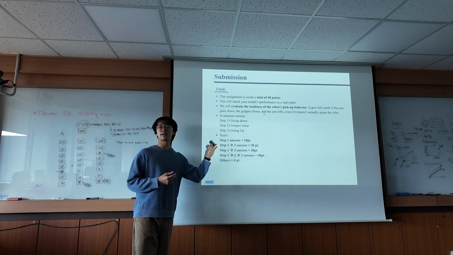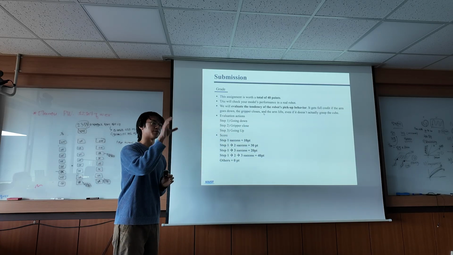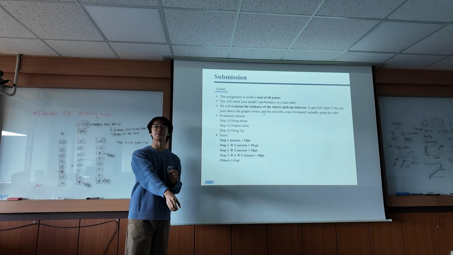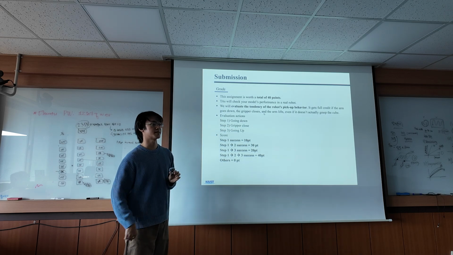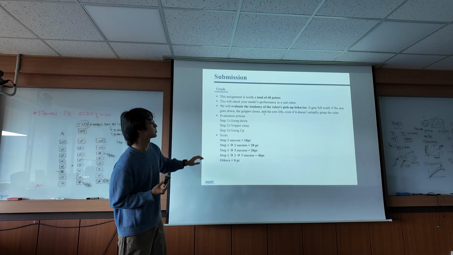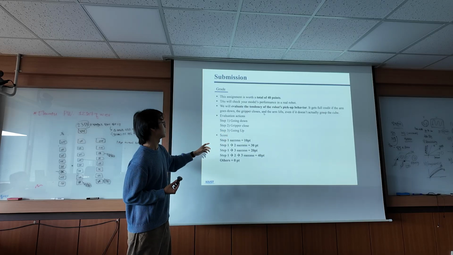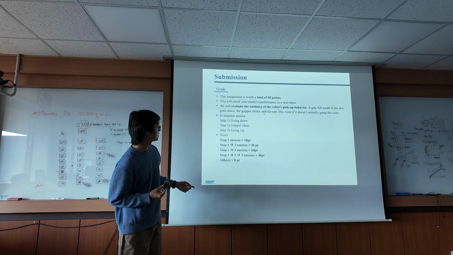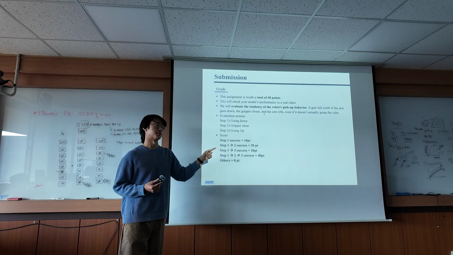So in this grading, we are going to see just the tendency of how the arm moves. It doesn't have to grab the cube accurately. So we just see these three components in the following order.